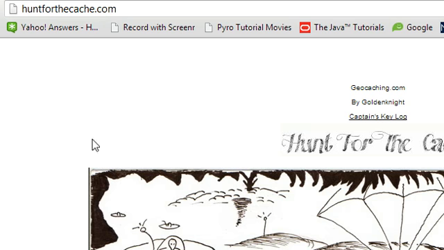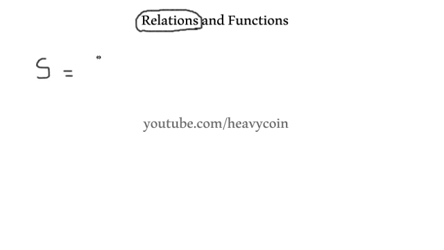I touched on, I think in a previous section, what a relation is. Now we're going to talk about it mathematically, just using the real number system. You can look at a relation as a set of ordered pairs. I'm going to label my set S and write in some ordered pairs.